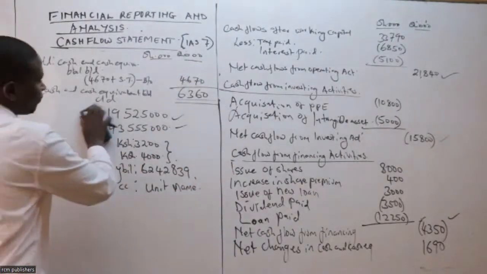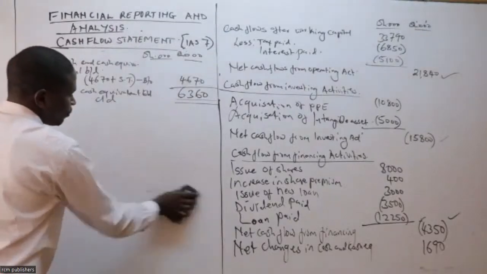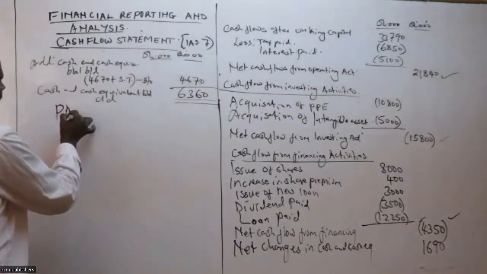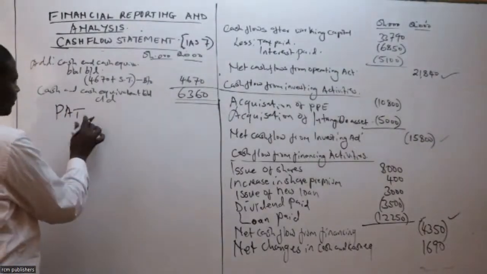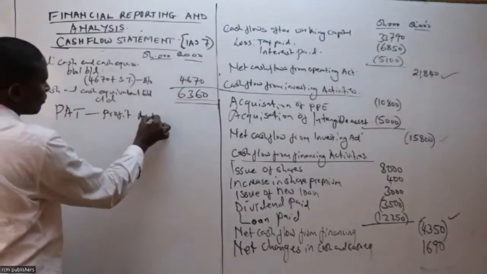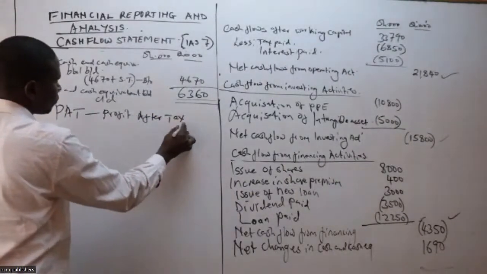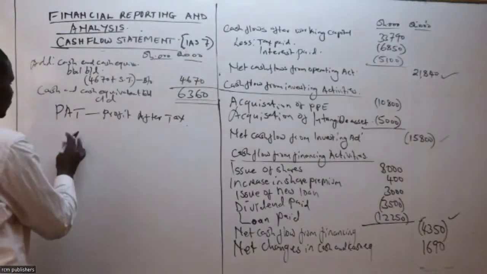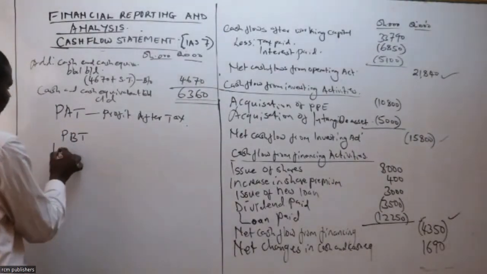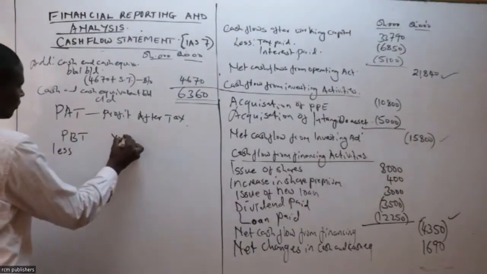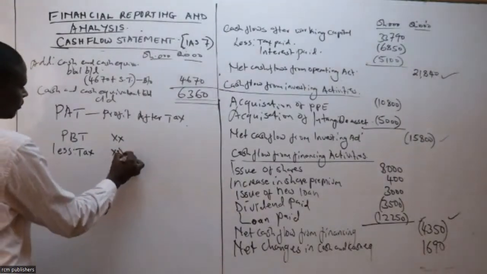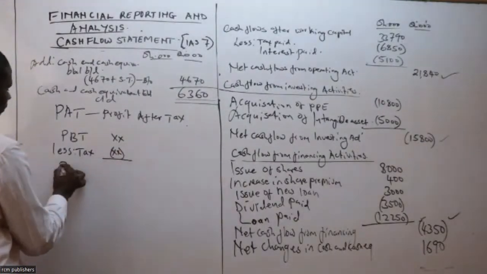In the cases whereby the examiner gives you the profit after tax, I take you back to the income statement. We know that profit before tax, we less tax, so that we get what? Profit after tax.